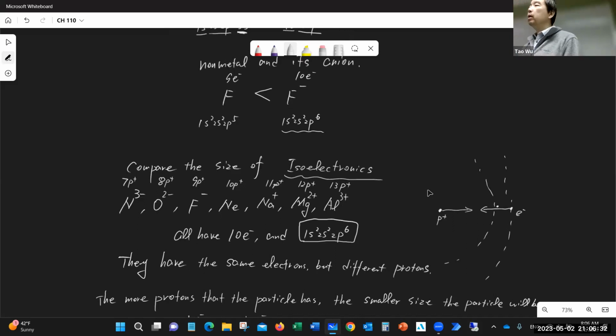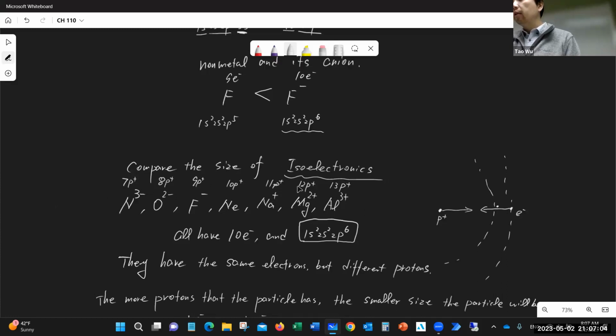We also talk about how to compare the size for isoelectronics. Isoelectronic means they have the same number of electrons. So for this group of elements or ions, they are isoelectronic because all of them have the same number of electrons. They all have 10 electrons, okay?